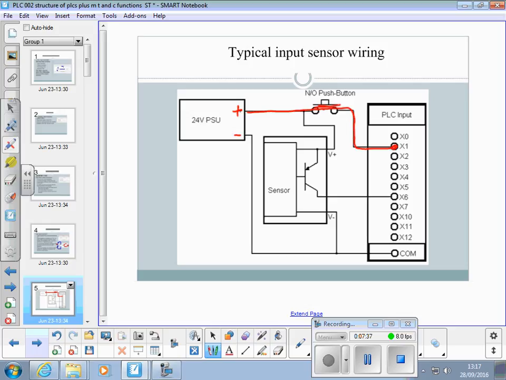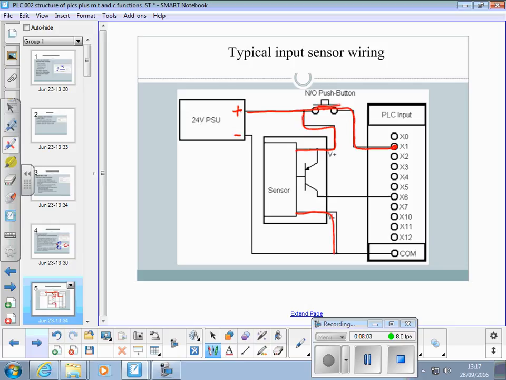However, if you've got the electronic type sensors, like a capacitive or an inductive type sensor, or an optical photo eye type thing, they need a power supply for the electronics. There's also two different types. This one is actually connected to the positive there and the negative at the bottom, so it's got a power supply.